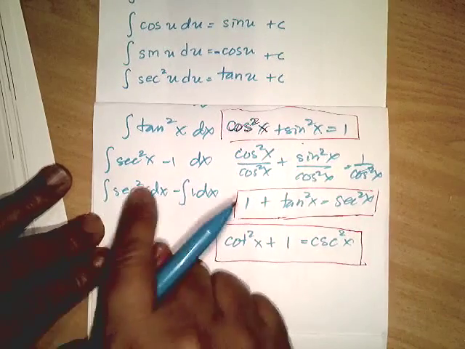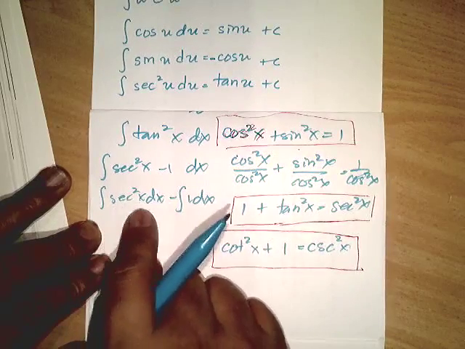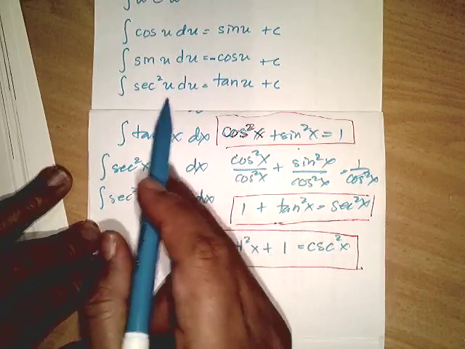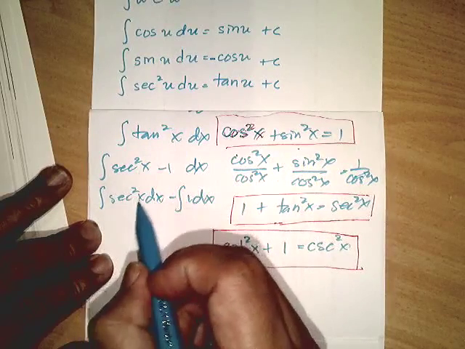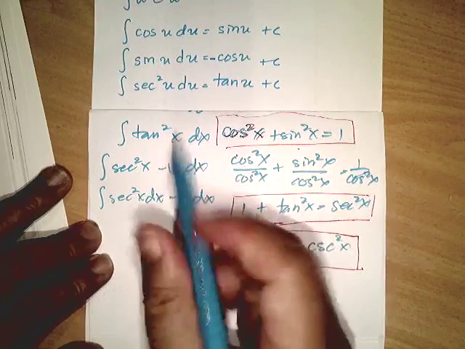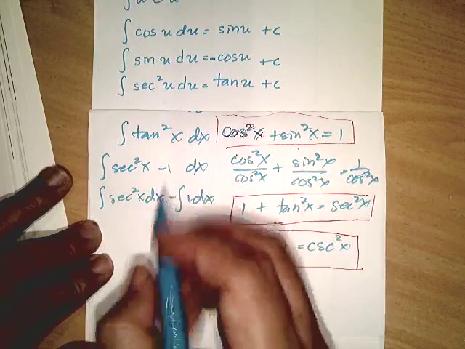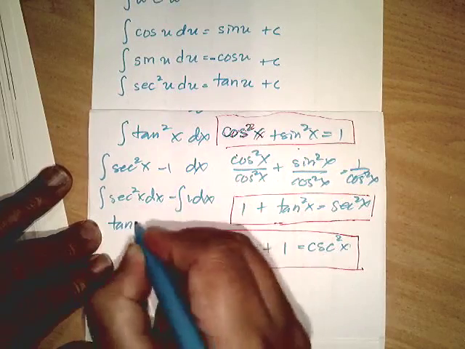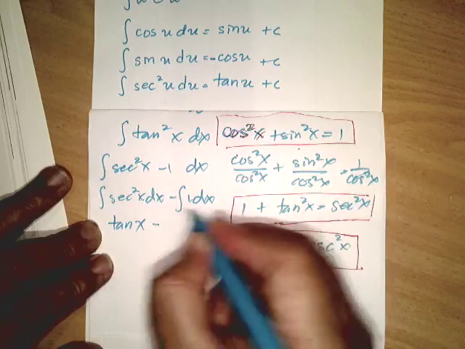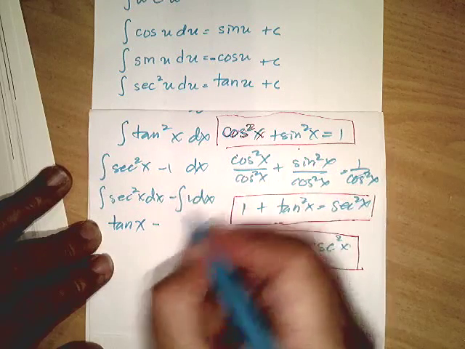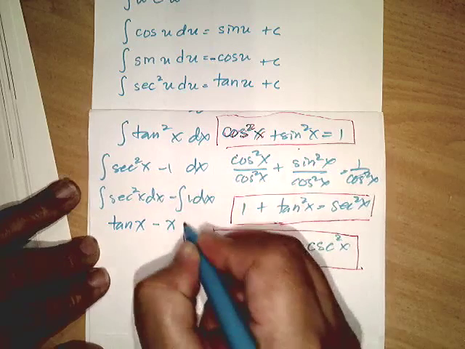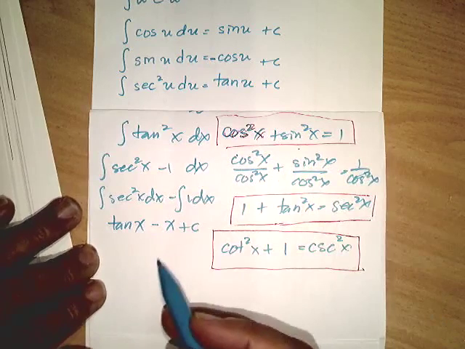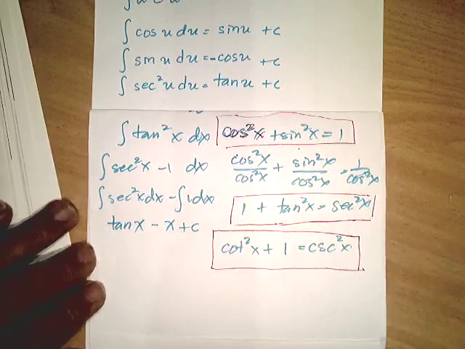The integral of secant squared x dx is equal to tangent x, since your u is x and it follows that form. So this one is equal to tangent x minus the integral of 1 with respect to x, which is x, plus some constant. So that is the integral of this.